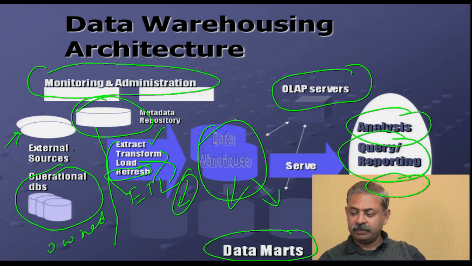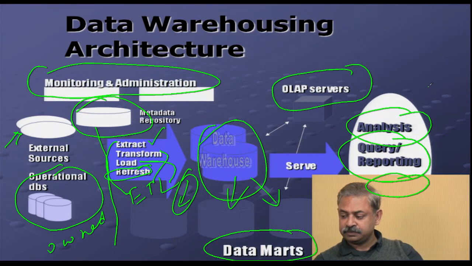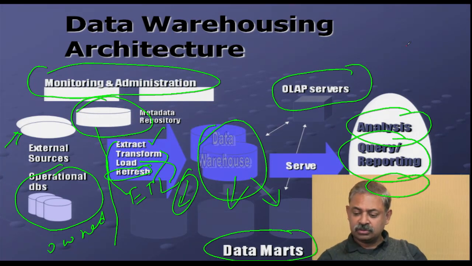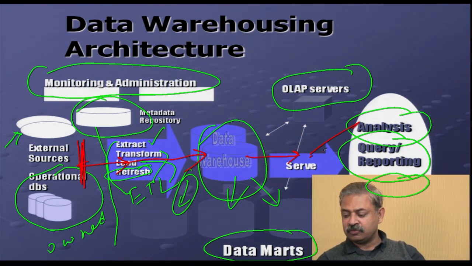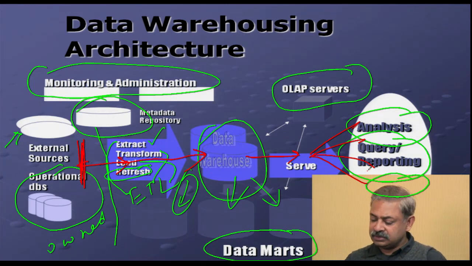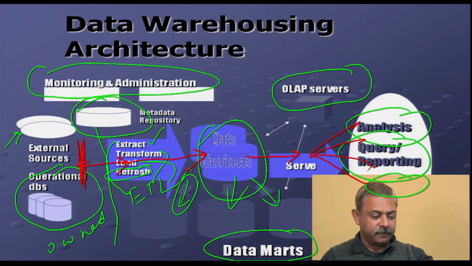I'll use some other color to illustrate this, say red. Once I've identified the sources of data, which are collectively called the source system, external plus operational, the data is extracted, transformed, and loaded into the data warehouse, and then it serves different kinds of purposes. So that's a typical architecture.